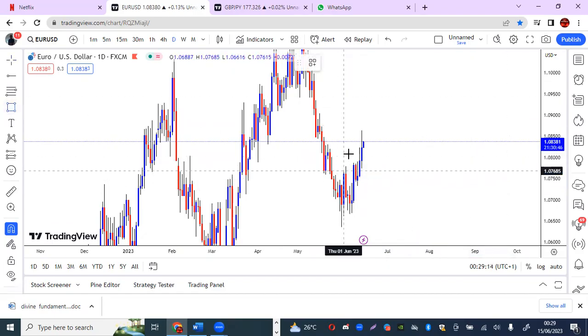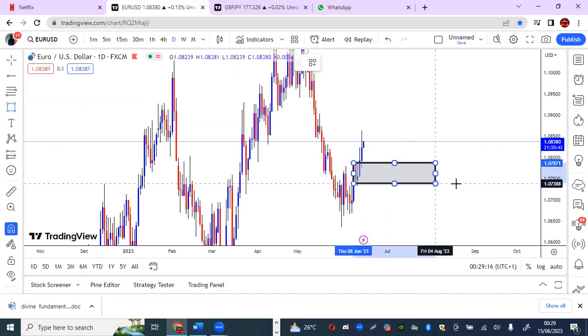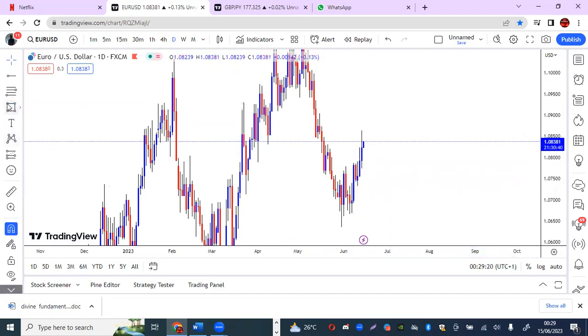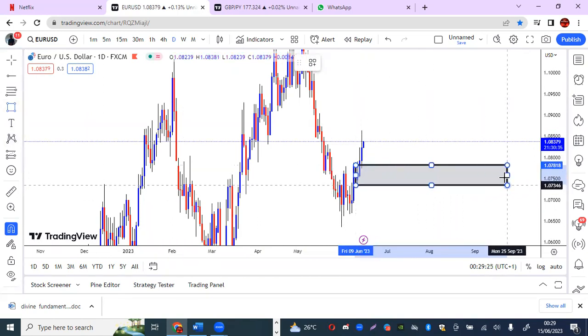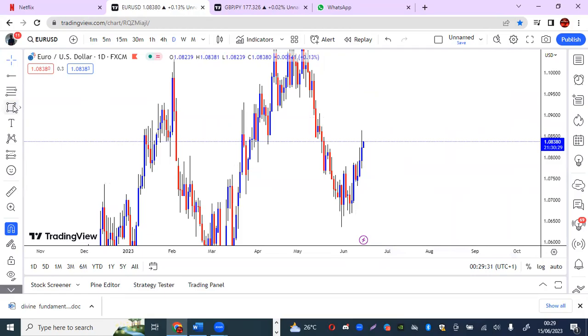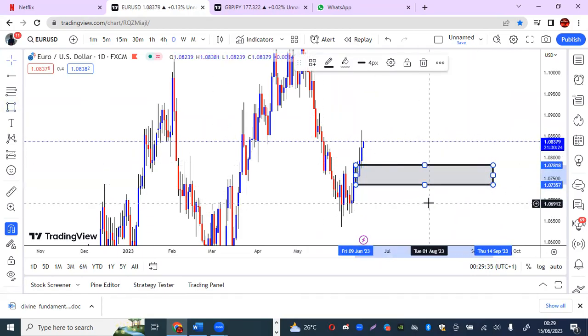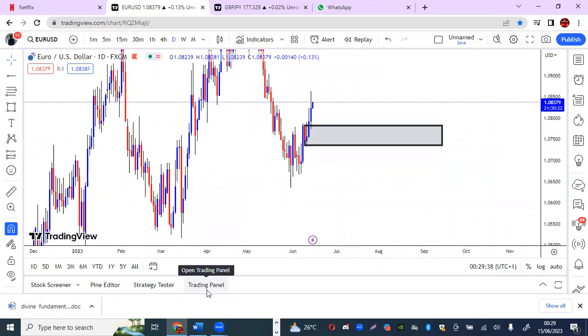Now, when marking out a zone, we mark out the body, and we're still going to cover the wick for this particular one. Sorry, let me see. So this is the zone for this Euro USD.